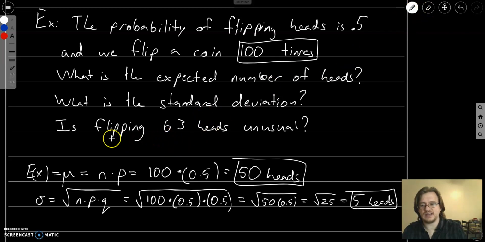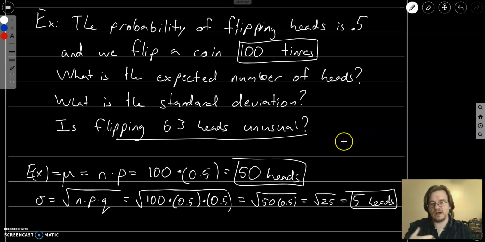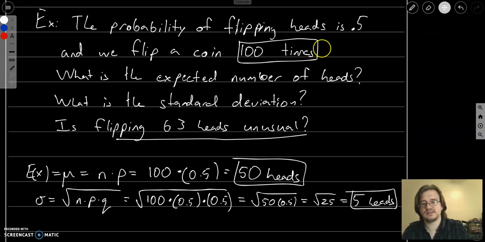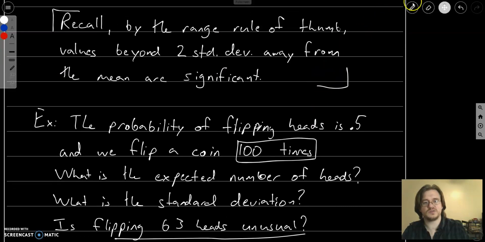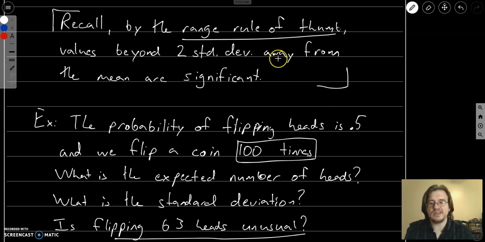And this last question asks, is flipping 63 heads unusual? And there are different ways to tell if something is unusual. One of the ways we mentioned right here uses our rule of thumb, which is anything more than 2 standard deviations away from the mean is going to be significant, meaning it should be unusual.